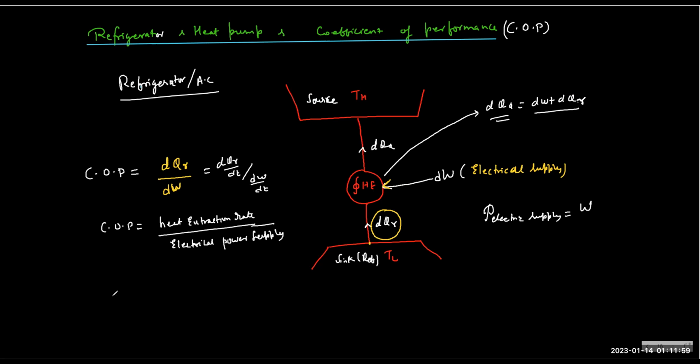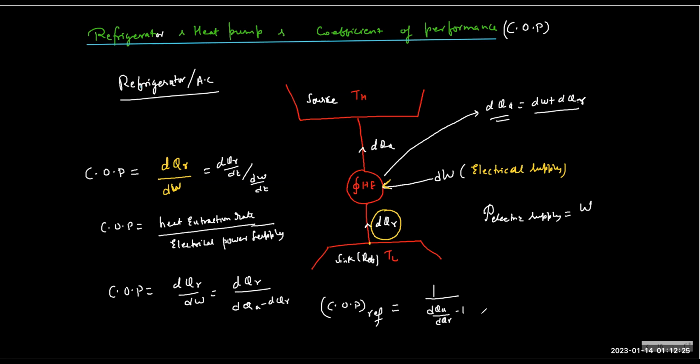But anyway, let's go back to the first relation, dQR by dW. This is always this much, right? So COP of refrigerator is equal to 1 upon (dQA by dQR minus 1).